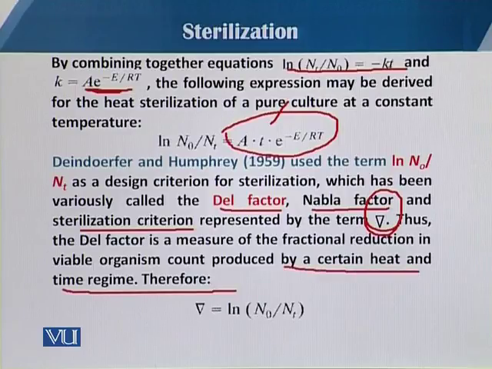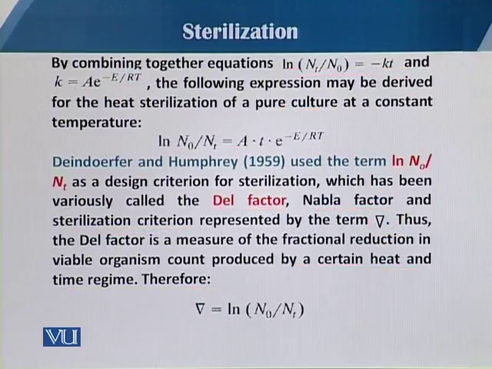If we say that the Del factor is equal to this, then our Del factor is equal to ln of N naught over Nt. This basically shows the fractional reduction in the viable organism with respect to the heat and the time of heat treatment.